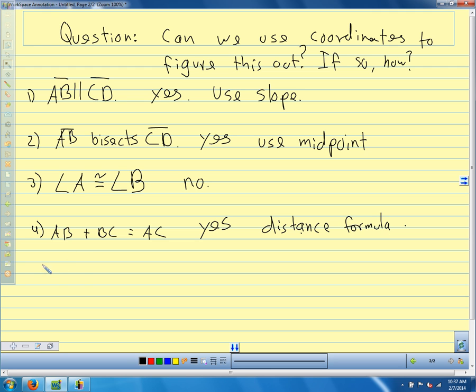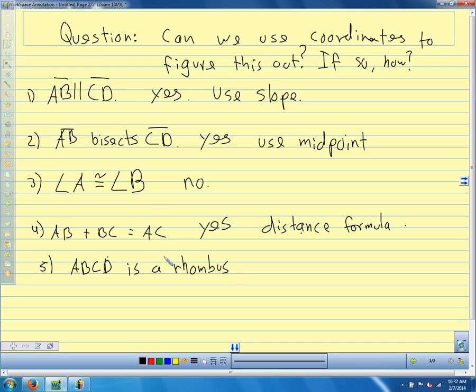How about quadrilateral ABCD is a rhombus. Can we figure that out using coordinates? If any of us started the quadrilateral investigation on block day, isn't that what the quadrilateral investigation is all about?